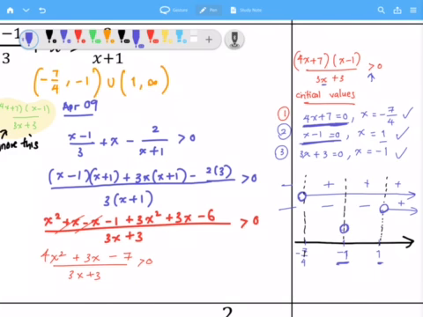Then focus on this equation now. Anything higher than negative 1, let's say 0: 0 multiplied with 3, 0 plus 3, positive. So anything higher than that will result in positive as well. Anything below negative 1, let's say negative 2, will result in a negative value all the way to negative infinity.